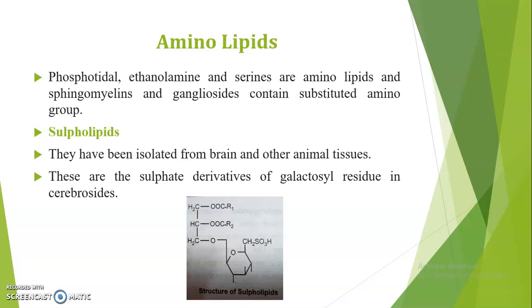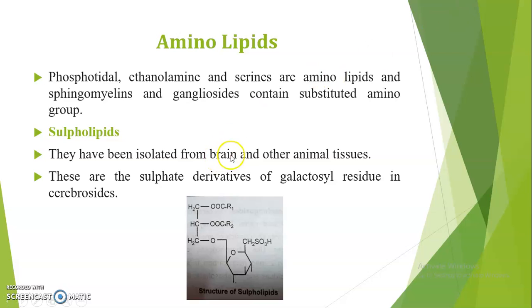This is the common structure of sulfolipids, where you can see a molecule of glycerol. The first carbon atom is linked to a free fatty acid, and the second carbon atom is again linked to a free fatty acid. Probably the first is a saturated fatty acid, and the second is an unsaturated fatty acid.